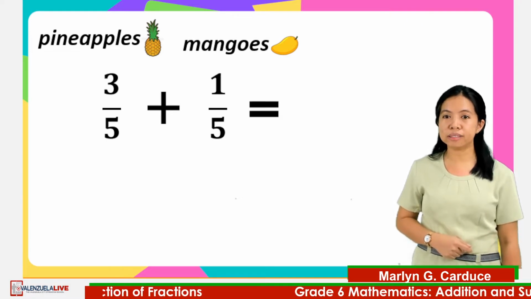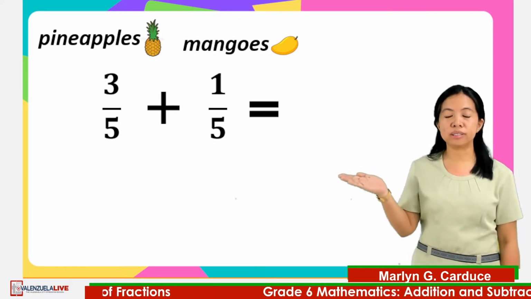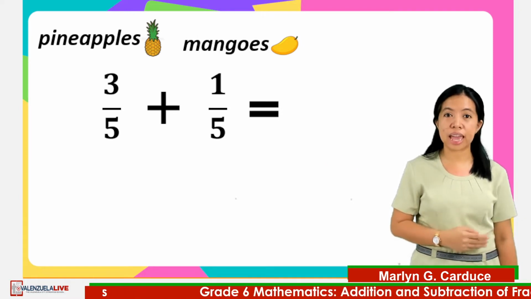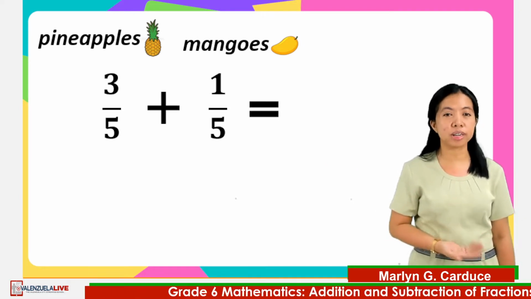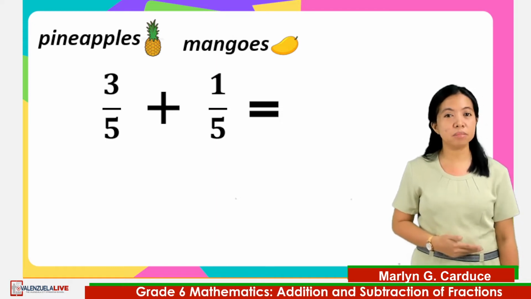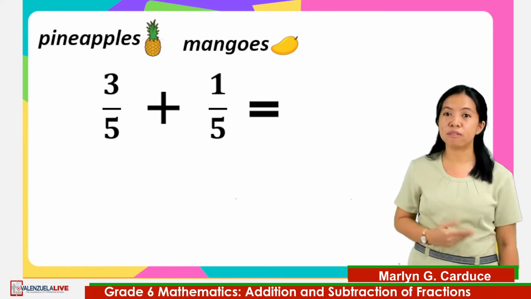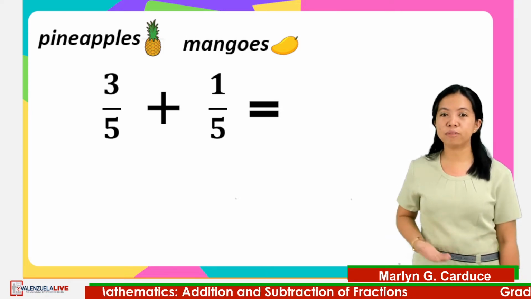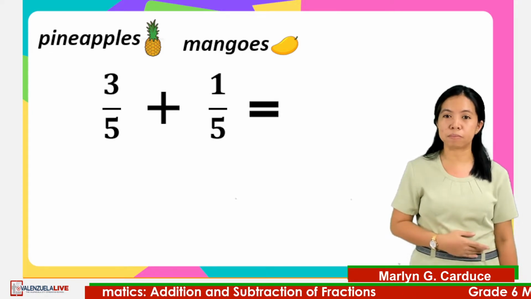As you notice, the two given fractions have the same denominators, and we know that fractions having the same denominators are called similar or like fractions. So to add similar fractions, we just have to follow a few simple steps.